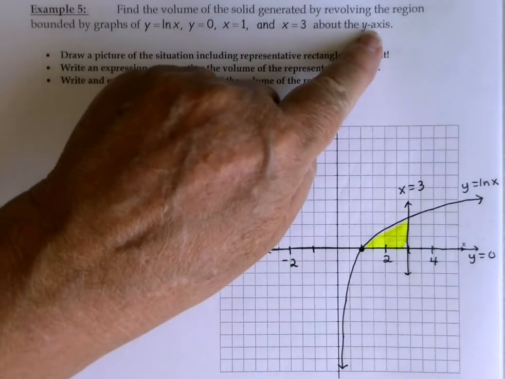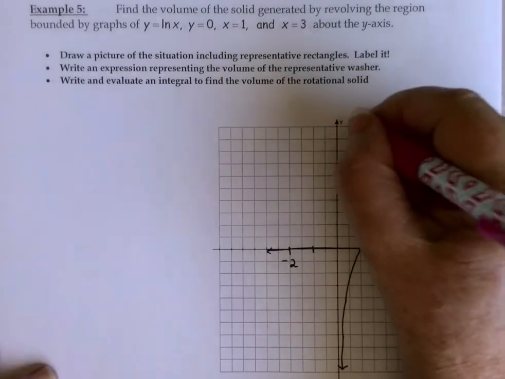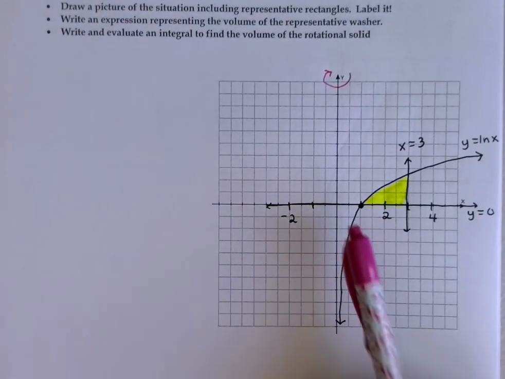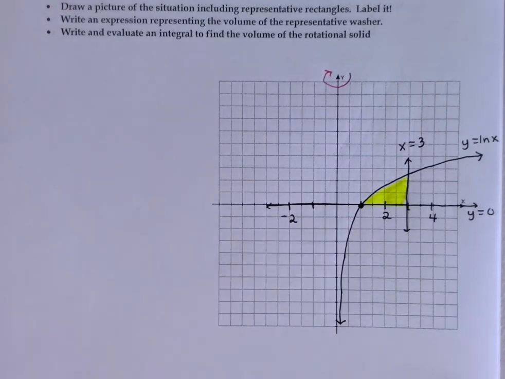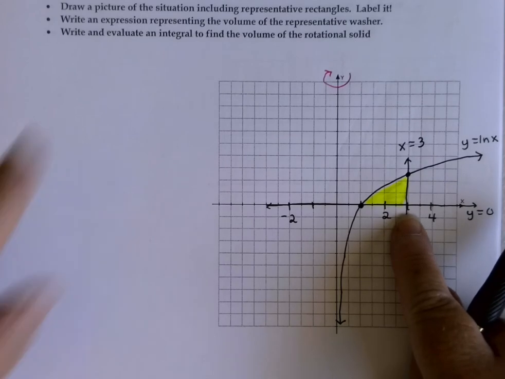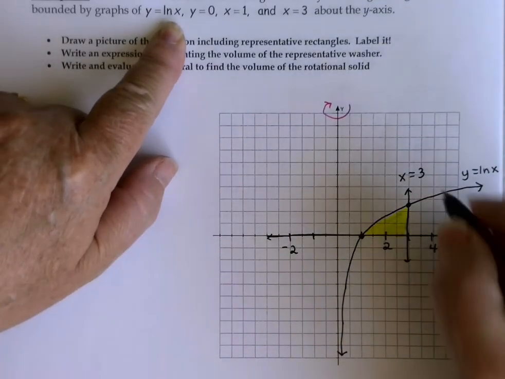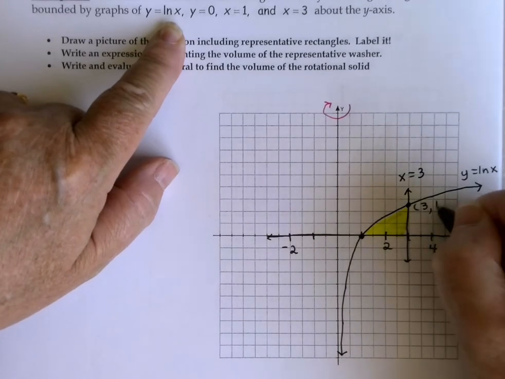All right, we're rotating around the y-axis. And that intersection point was definitely 1, 0. This one, since I didn't graph on a calculator or Desmos, I'm just going to do it by hand. Since x is 3, y would be the natural log of 3. So this point is actually 3 comma ln 3.